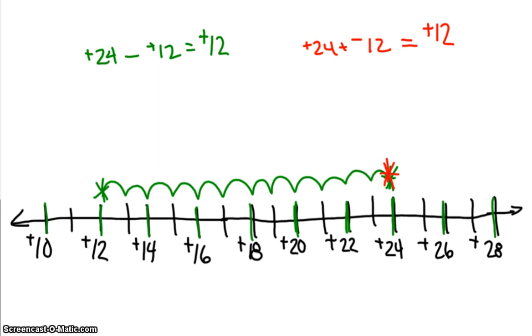So we're going to add in 12 places to the left. So 1, 2, 3, 4, 5, 6, 7, 8, 9, 10, 11, 12, and we wind up at the same spot, positive 12, thus proving that a subtraction of a positive is the same thing as the addition of a negative.